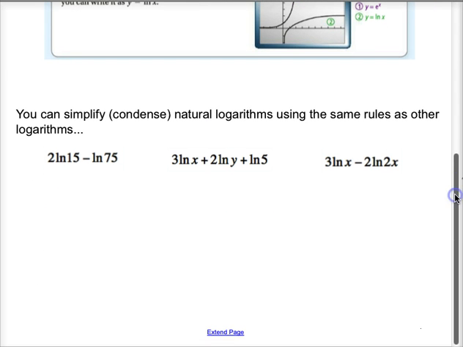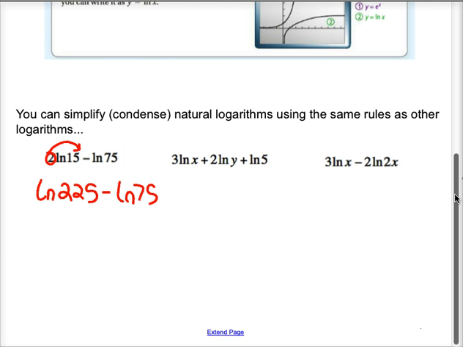Now, let's recall condensing natural logarithms. Condensing works exactly the same way as it did before. The first thing I'm going to do when I'm condensing is take any multiplier, any coefficient, and pop it up as a power. So that's going to turn into the ln of 15 squared, which means the ln of 225 minus the ln of 75.